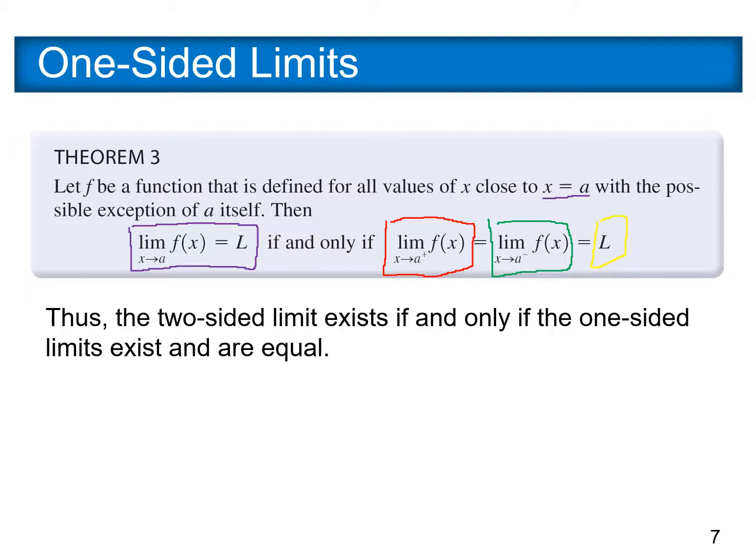So the two-sided limit exists if and only if the one-sided limits exist and are equal.